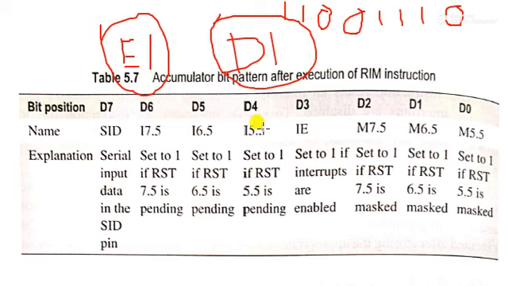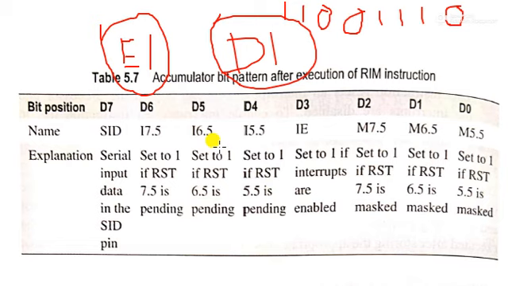Now come to the D4, D5 and D6 bits. They are used for I5.5, I6.5, I7.5. What does the I mean? I here means the status. That means these 3 bits show the status of the pending interrupt. What is the purpose of the pending interrupt? Because we all know, if all the interrupts, that means RST 5.5, 6.5, 7.5, TRAP, INTR, all come at a time, at a time they request the microprocessor 8085 for some purpose.